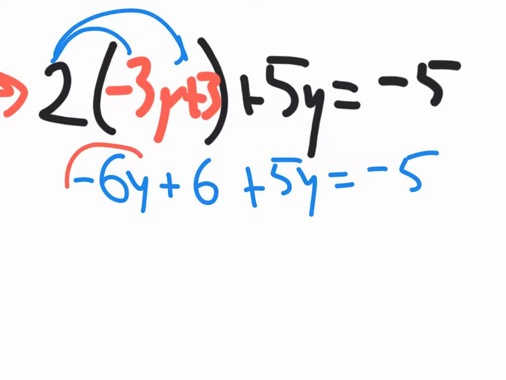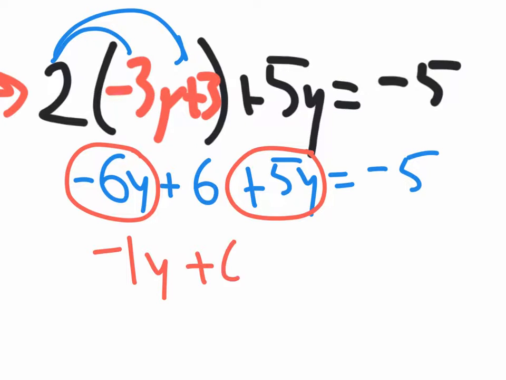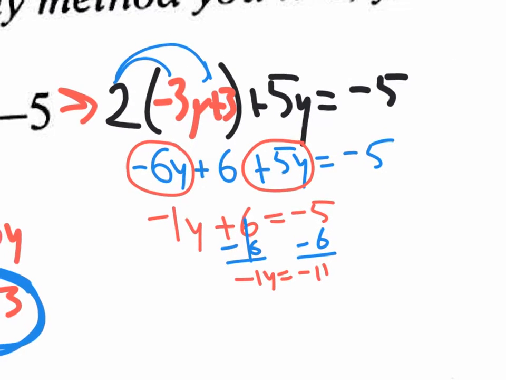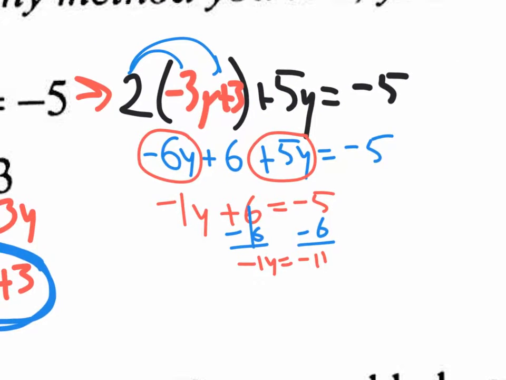On the left side of the equal sign, we could combine this guy with this guy, and we'll get negative 1y plus 6 equals negative 5. And last but not least, let's subtract 6. Subtract 6. You're going to get negative 1y equals negative 11, which means that your final answer is going to be y equals positive 11, yes?